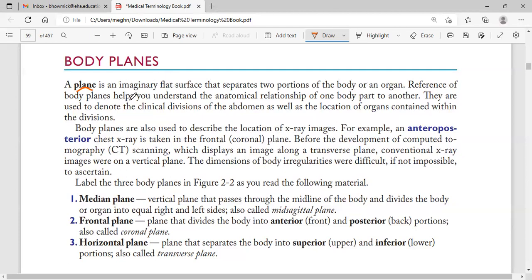Reference to the body planes helps you understand the anatomical relationship of one body part to another, and they are used to denote the clinical divisions.